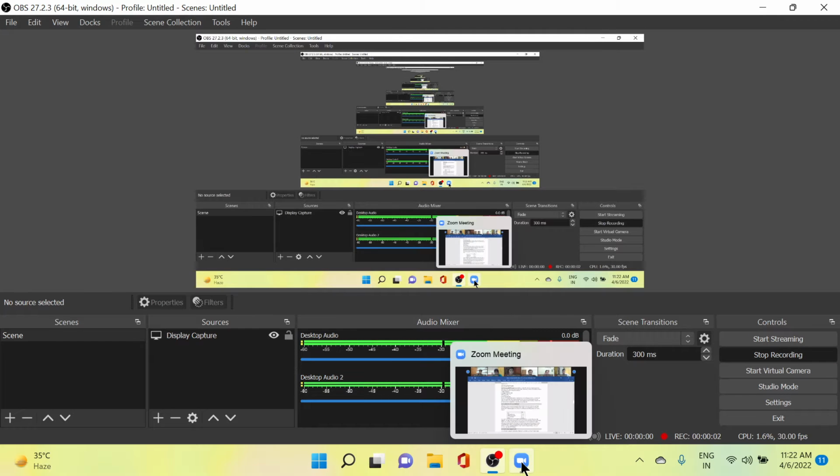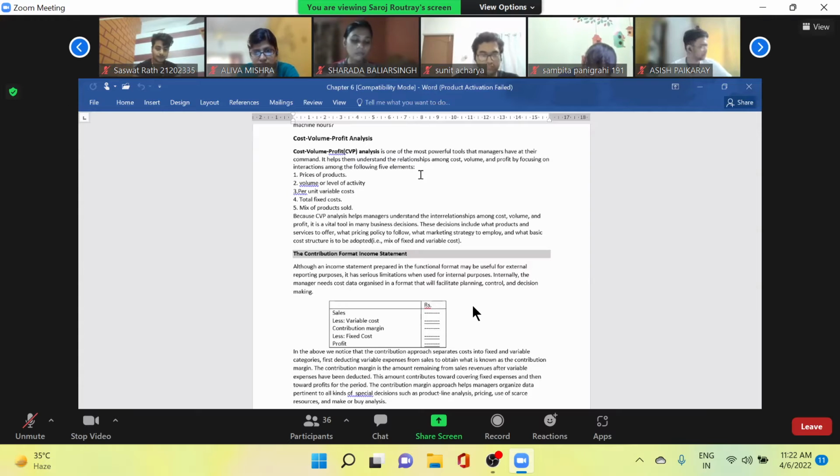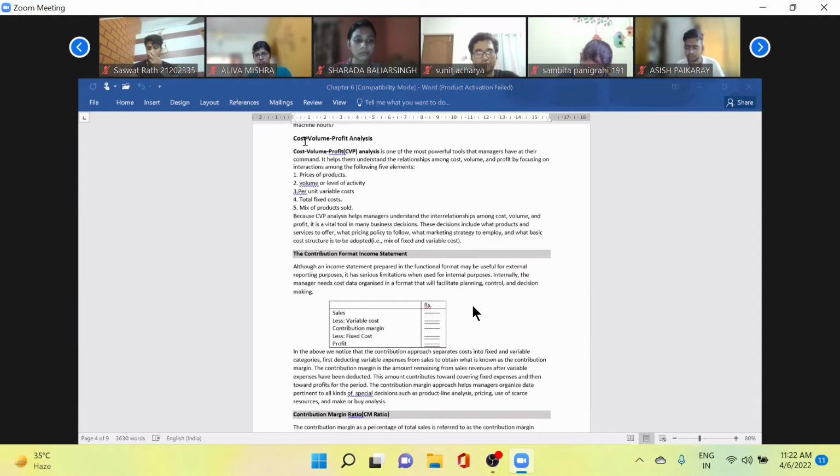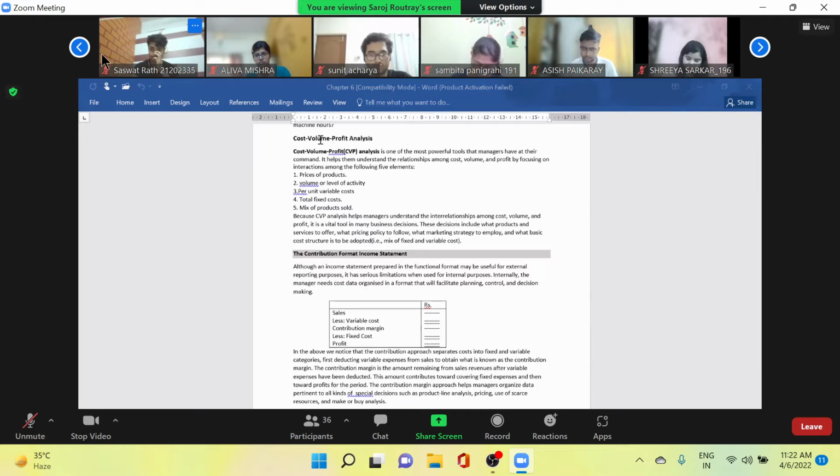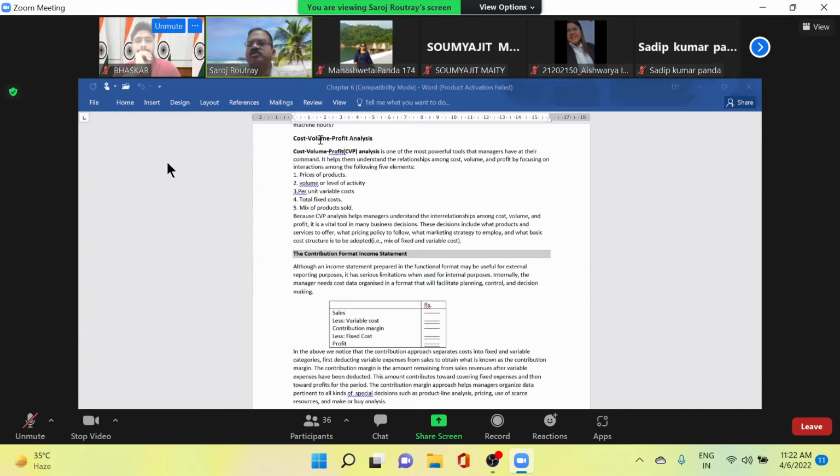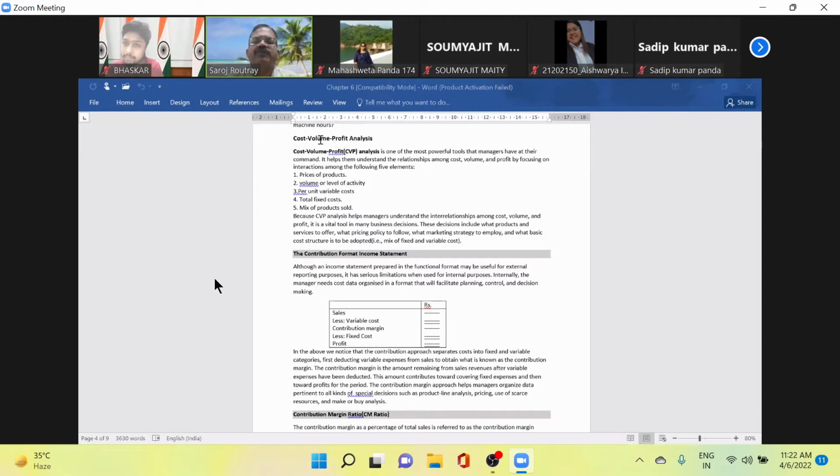Cost volume profit analysis. What I want to say about this is that if you want to study the impact of changes in cost, price, or volume on profit, then the traditional format we have been using will not give us the opportunity to see the impact on our profit.